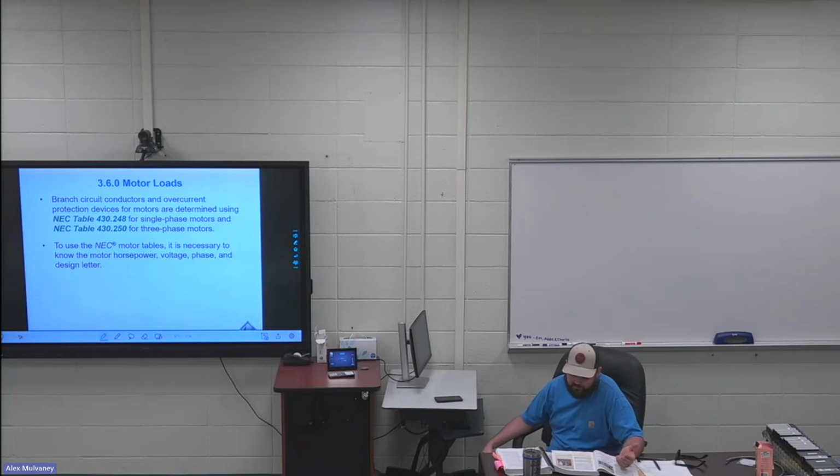The next highlight is the second paragraph on the right-hand side of the page, the whole thing highlighted. Motor short circuit and ground fault protection is sized using NEC table 430.52. To use this table, it's helpful to know the type of motor, horsepower, phase, and motor full load current. On a motor it might say FLA or FLC.